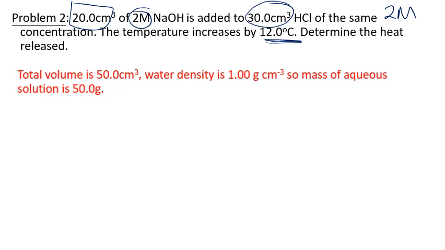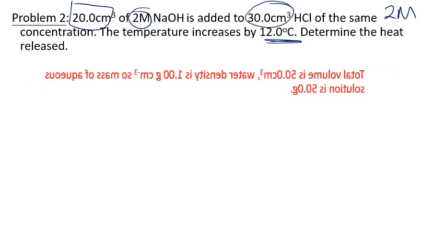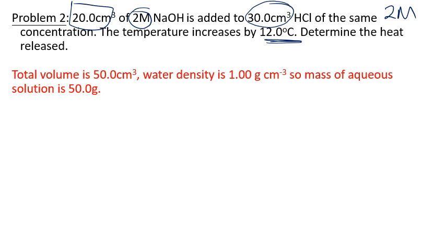Right, so the first thing is the total volume will be 50 centimeters cubed, because 20 centimeters cubed plus 30 centimeters cubed equals 50 centimeters cubed. We already know as well that the density of water is 1 gram per centimeters cubed, so the mass of the aqueous solution should be 50 grams.